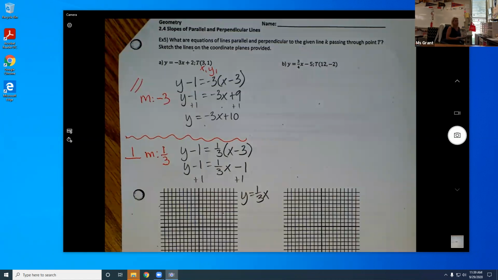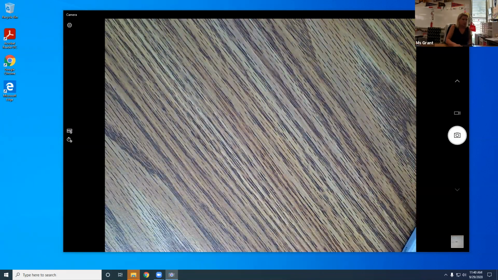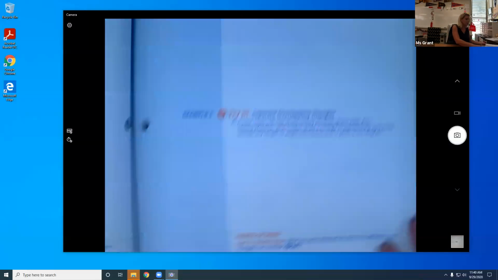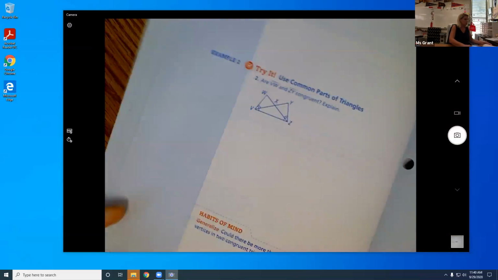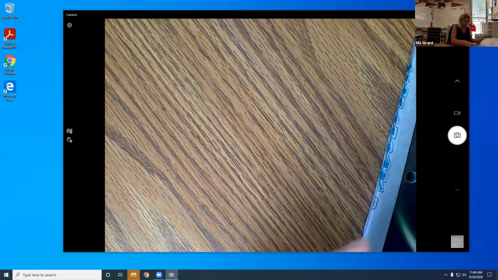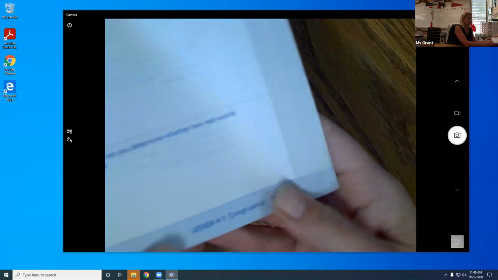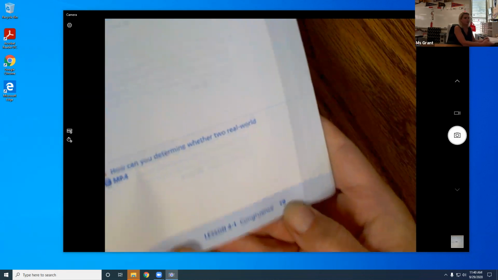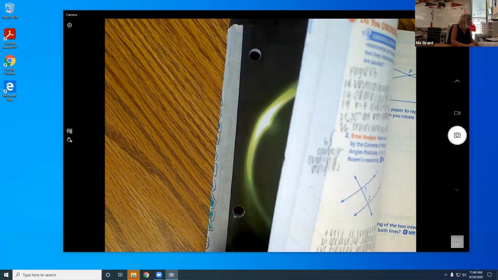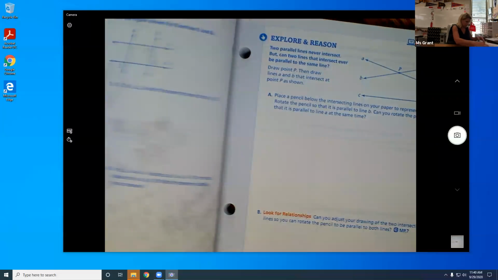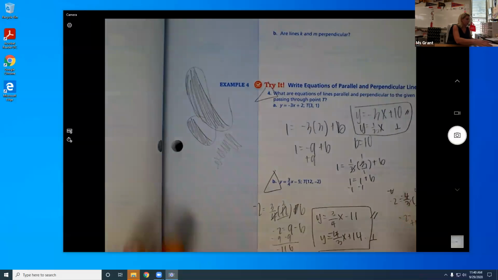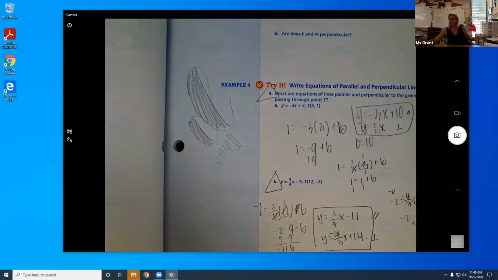So now you're going to go into your workbook. You are doing, let me make sure that I get it right. So you look in the lower corner, and it's like, what lesson is it? This is 4.1. So you guys need your workbook. We're on 2.4. And I'm actually using someone's from last year.